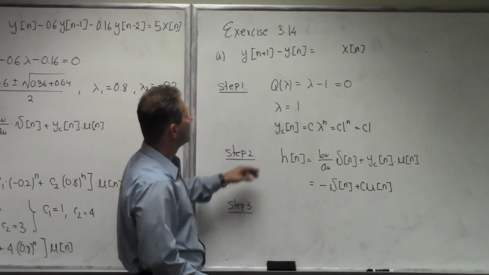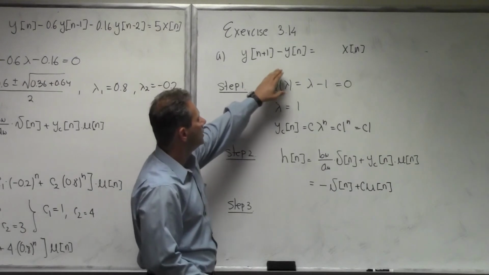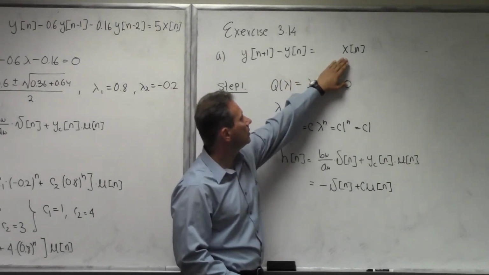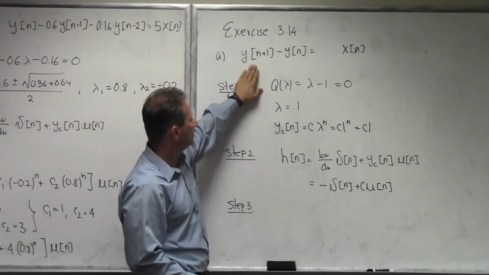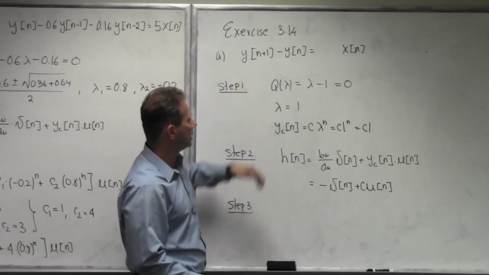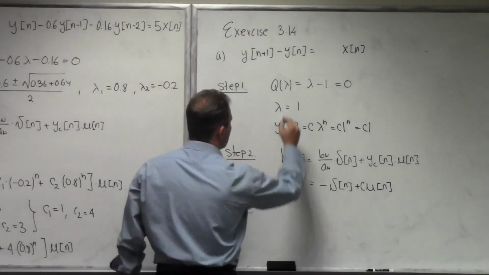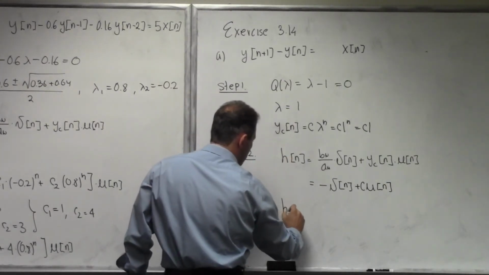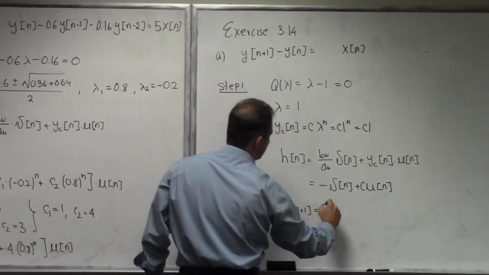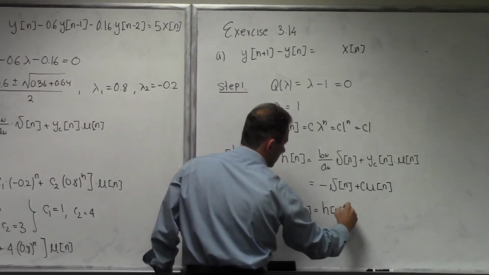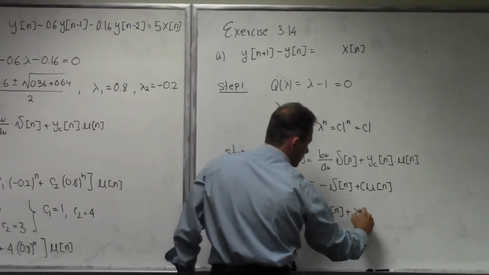Now, how am I going to determine that initial condition? If I substitute here delta of n, then this becomes my difference equation that allows me to solve it. So if I rewrite this slightly, I can say something like this. h of n plus 1 is equal to h of n plus x of n.